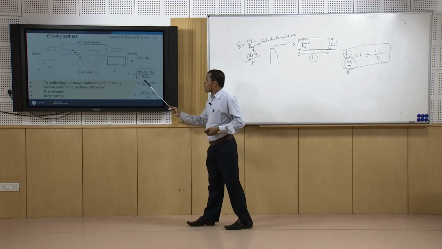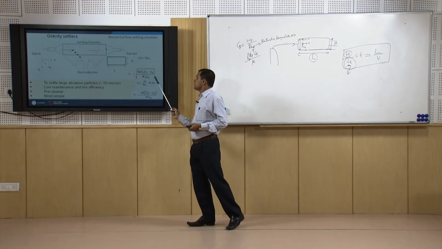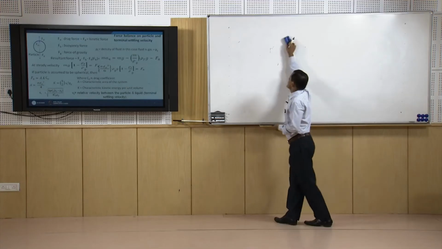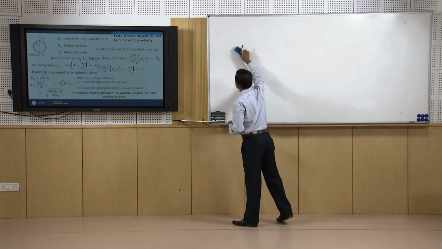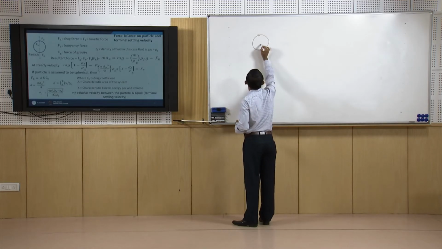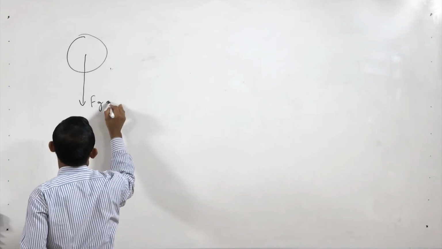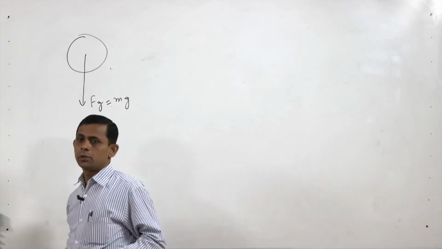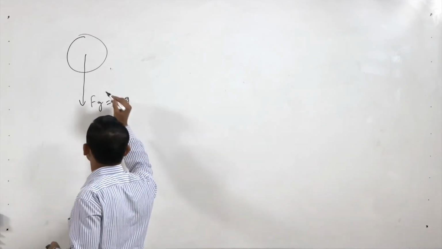Now let us see where this Vt equal to the square root of 4 g dp (rho p minus rho g) by 3 Cd rho g is coming from. Let us see, one particle is there. This particle is experiencing one force, Fg, equal to m into g, the mass of the particle times the acceleration due to gravity.